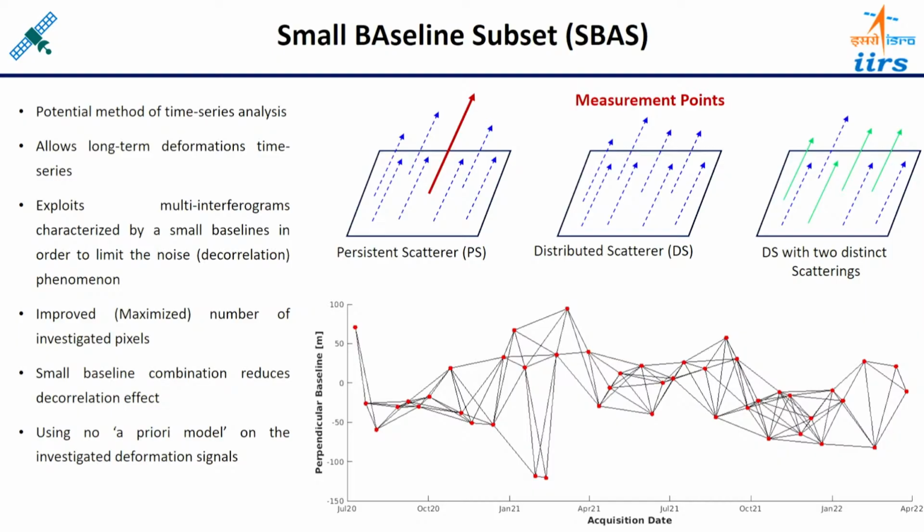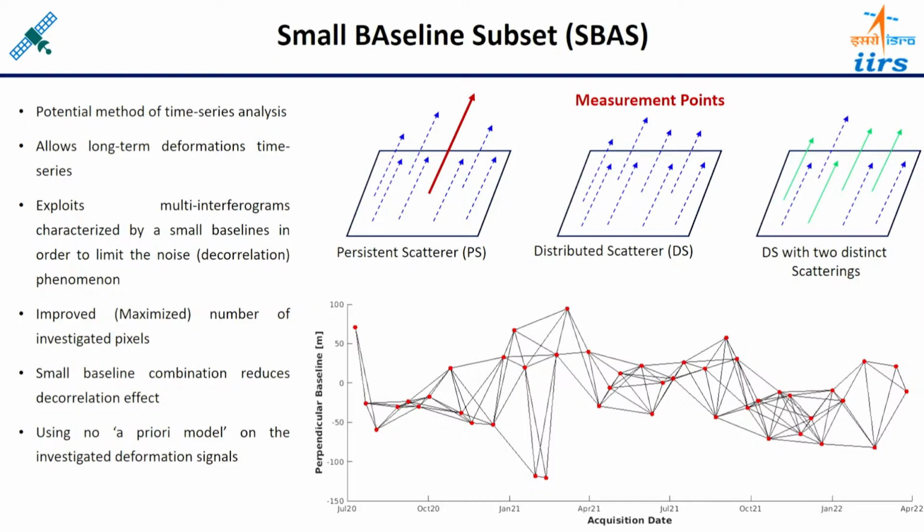So nC2 equals factorial n divided by factorial 2 times factorial n minus 2. So it will be n times n minus 1, and factorial n minus 2 will be cancelled out. Factorial 2 is 2. So it will be n times n minus 1 divided by 2. Point is that if n images are there, then the total number of interferograms will be n times n minus 1 divided by 2.